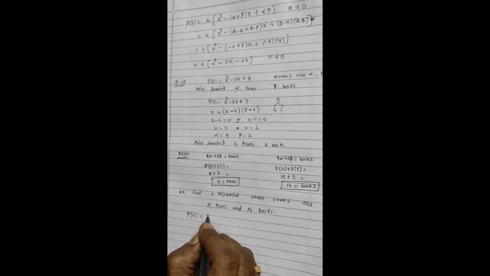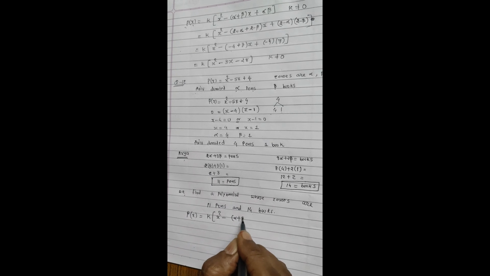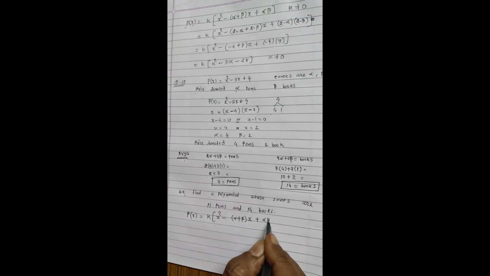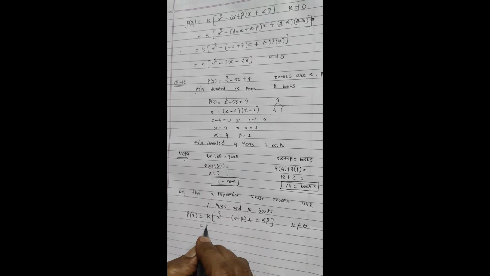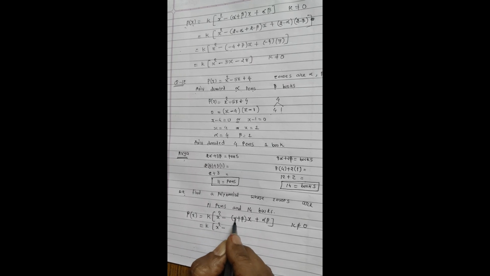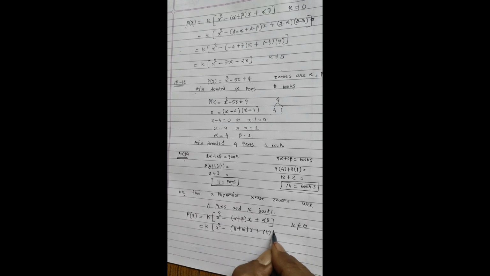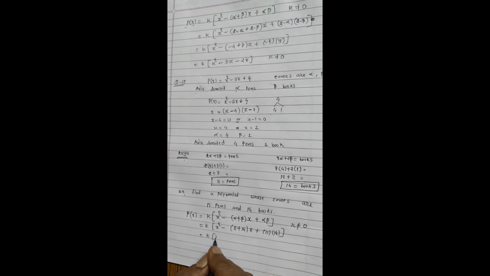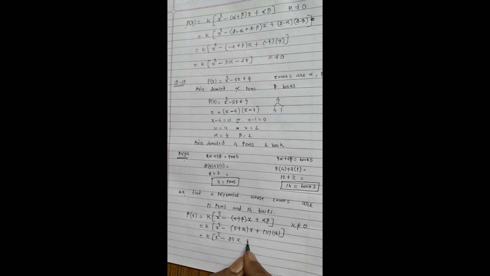So this is the formula to find a polynomial whose zeros are alpha and beta, where k is not 0. Alpha is 11 and beta is 14. 14 plus 11 is 25.